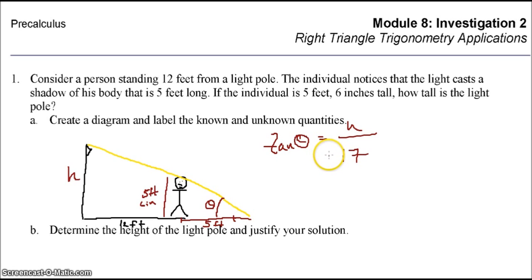Now, I think that's accurate. Let's see. The problem is there are two unknowns, theta and h, so that's not going to help me at all. Okay, what else?